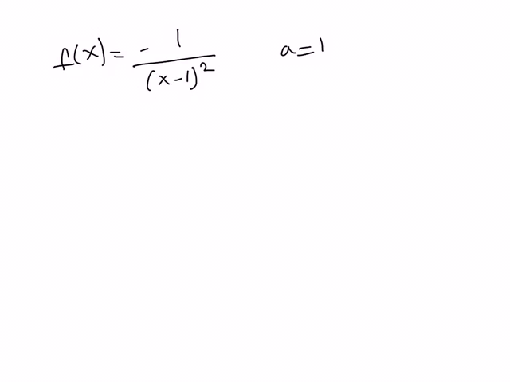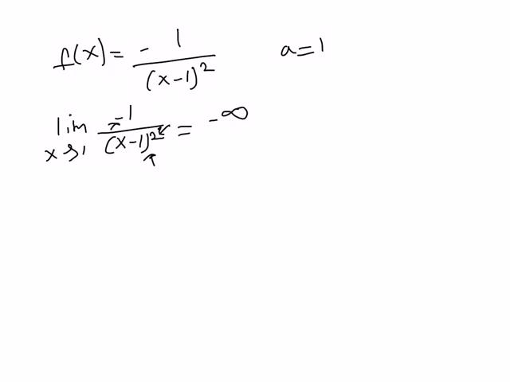So basically over here, if you take the limit as x goes to 1 of negative 1 over (x - 1) squared, what you're going to get is negative infinity. Because if you approach from both the left and the right, you're dealing with a really small positive number because it's being squared.